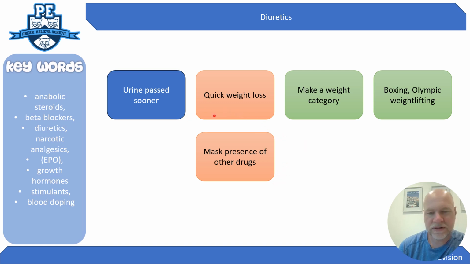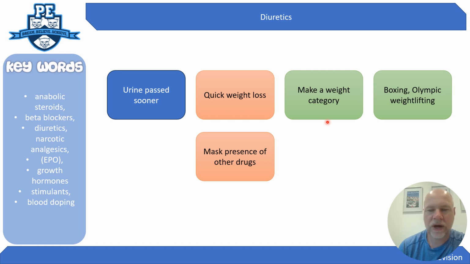Now, if it was asking an application of diuretics, why would someone try to lose weight quickly? And often it's to meet the weight category. So a boxer, for example, would be trying to get down to the weigh-in body weight. Okay, so they might train and perform higher than their actual weight category.